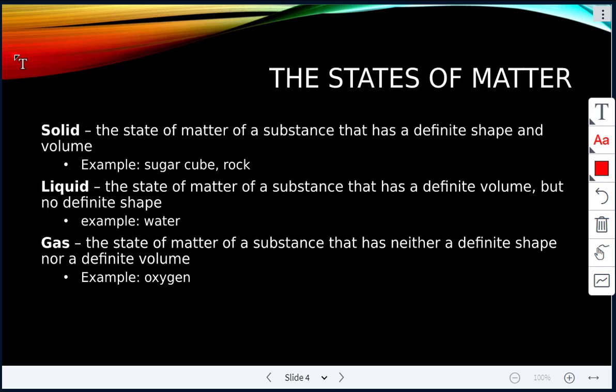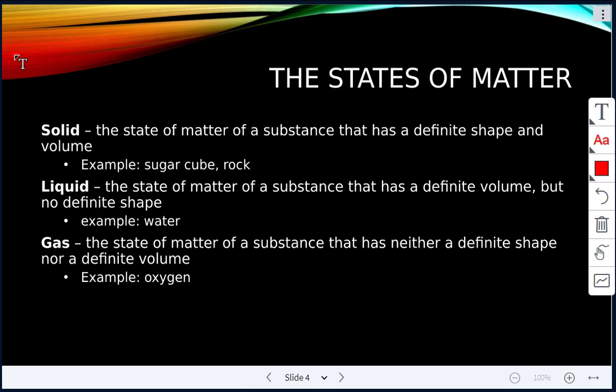Next, we're going to talk about the states of matter. So solid, liquid, gas, those are the states of matter we're going to focus on. Solids have a definite shape and a definite volume. Examples include a rock, a sugar cube, salt. Those are all solids. A liquid is a state of matter that has a definite volume but no definite shape. So think about a juice box.